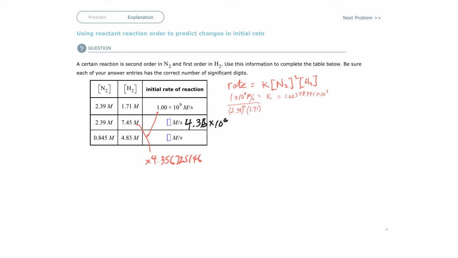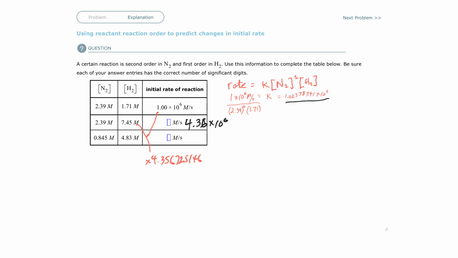Okay. This last one, though, they both went up. And since they both went up, I don't know how to do that other than to simply put them all in and use K. So we're going to use the K that we solved before, 1.02. And I'm just going to do the rate.